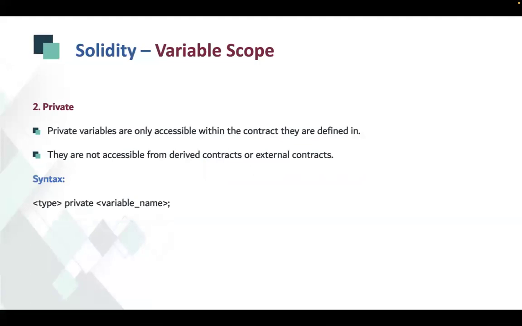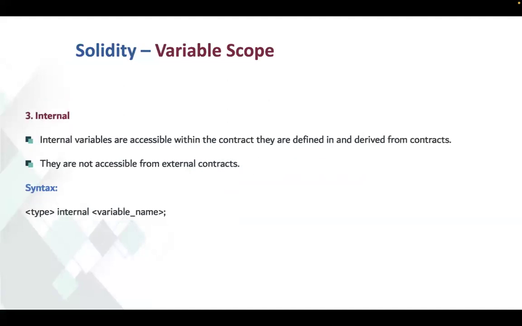Regarding private variables, they are only accessible within the contract they are defined in, and they are not accessible from derived contracts or external contracts. Internal variables are accessible within the contract they are defined in and in derived contracts, and they are not accessible from external contracts.